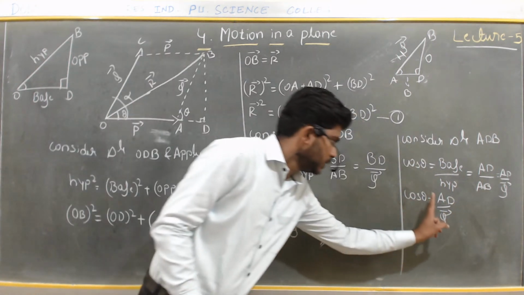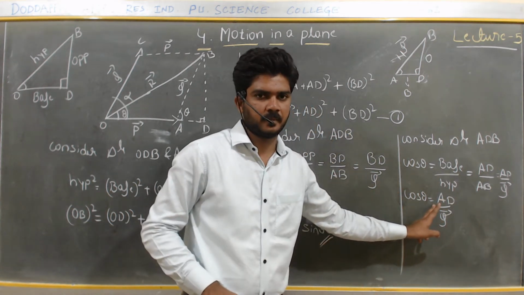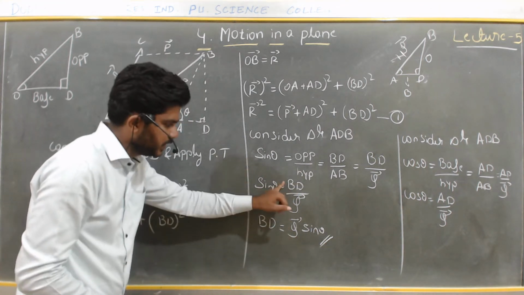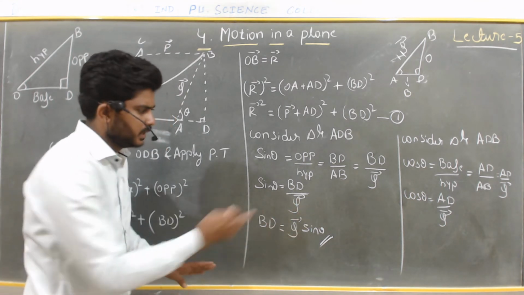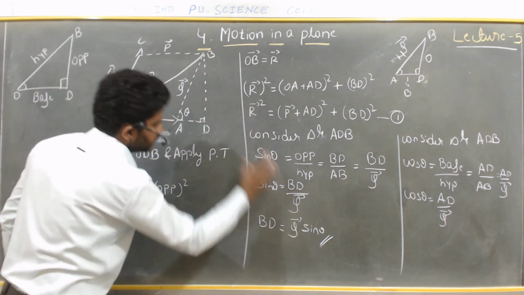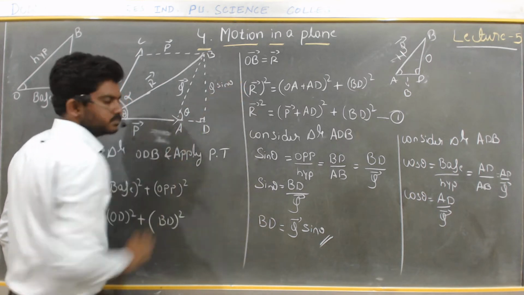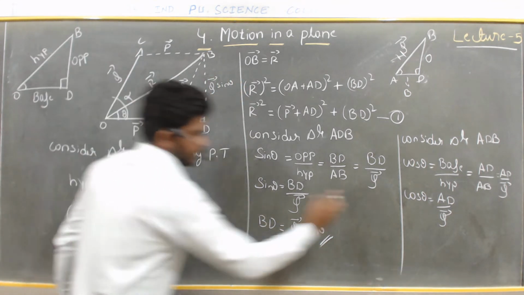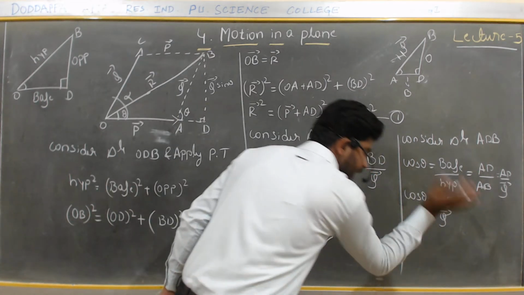Again, which term do we make the subject? In the earlier case we made BD the subject because we needed the value for BD, and we got BD equals Q sin theta. In the same way here, AD is needed. From cos theta equals AD divided by Q vector, we make AD the subject.